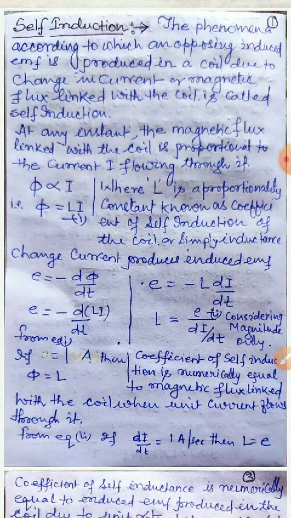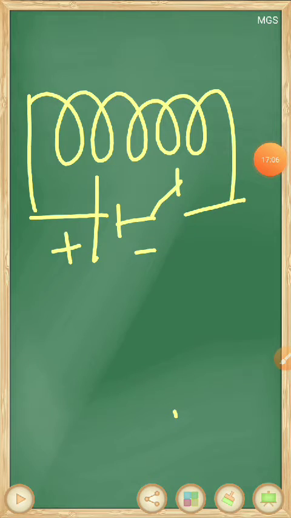Now our next topic is self-induction. Very easy. This is a coil which is connected with a battery along with a tapping key. Now when this tapping key is closed, current starts growing in the coil.